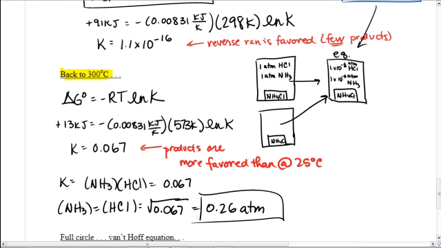So that means that at 300 Kelvin in our container, whether we start with gases in there or just the solid, in the end, we're going to end up with 0.26 atmospheres of HCl and 0.26 atmospheres of ammonia.